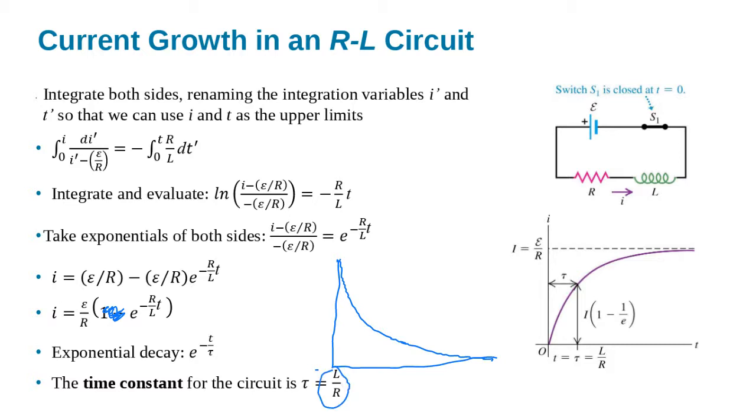So if L and R stay the same, then we have the time constant tau. In the exponential decay, it is the time taken for the current to decrease from some initial value by a factor of e.